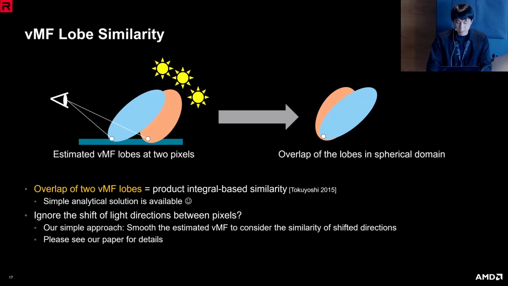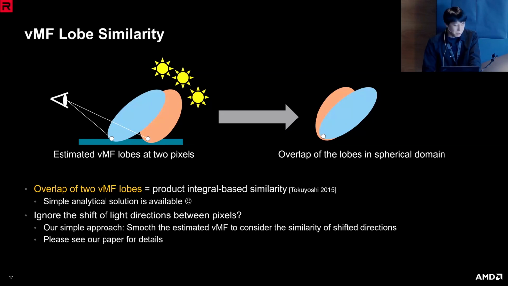However, this approach ignores the shift of light directions between pixels. If a scene has only one point light source, the PDFs are delta functions, and there is no overlap between pixels since we ignore the shift of the lobe axis.